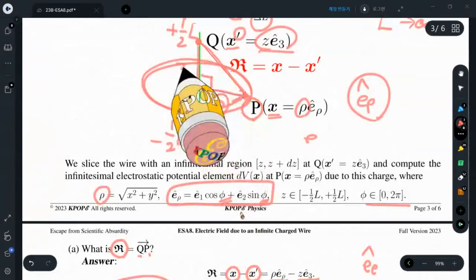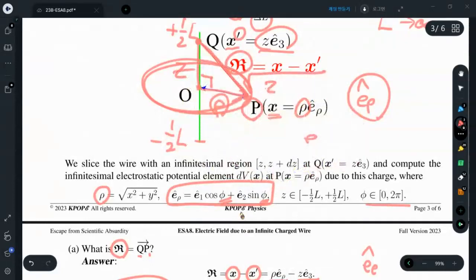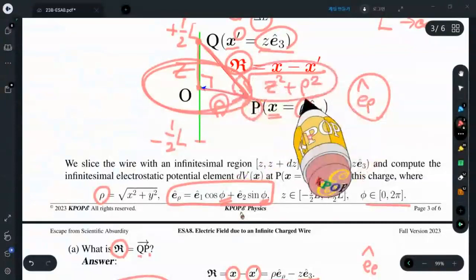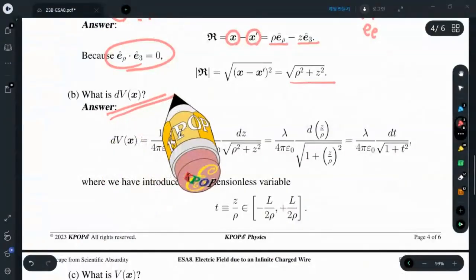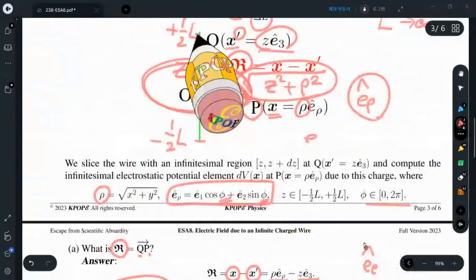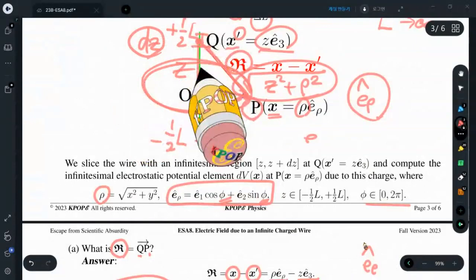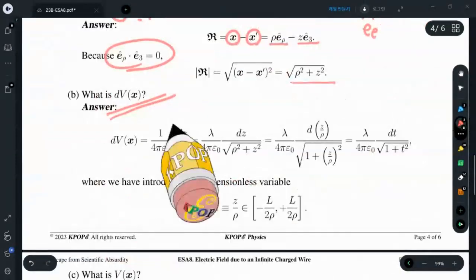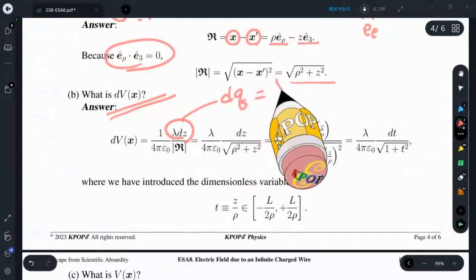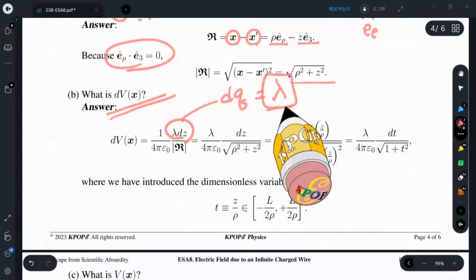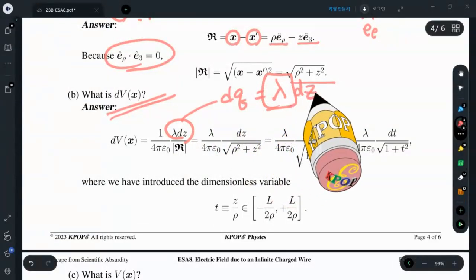This is rho, this is Z, so the magnitude is Z squared plus rho squared. Okay, everything is ready. What is the differential potential due to this small element of distance dz along the wire? We know the charge dq is the uniform charge density multiplied by the length.